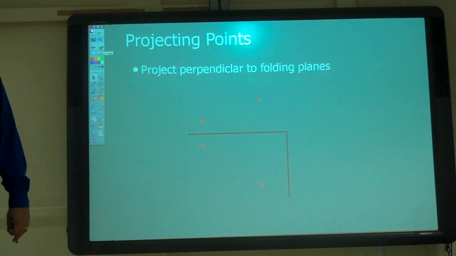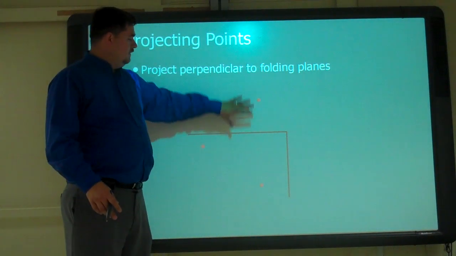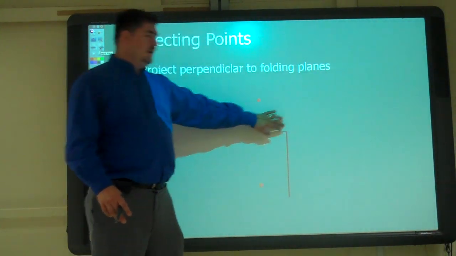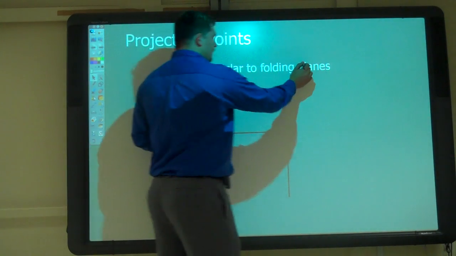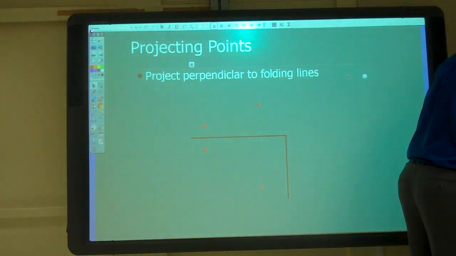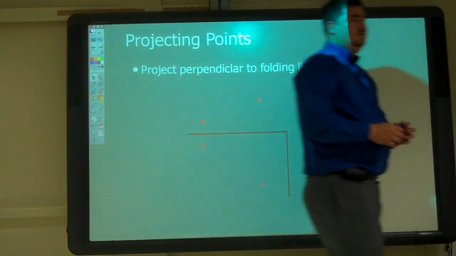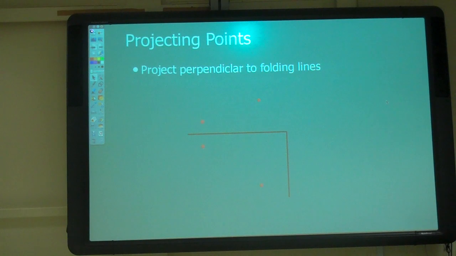Okay. So here I've basically set it up. We have the front view, the top, here. And these lines are folding lines, or folding planes. That's where the hinge is, right?